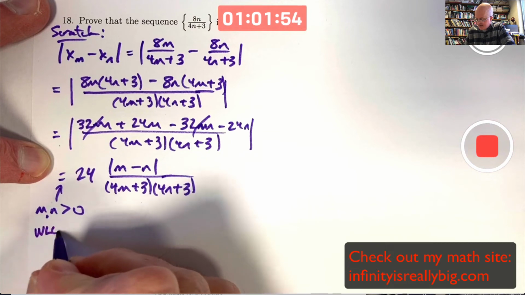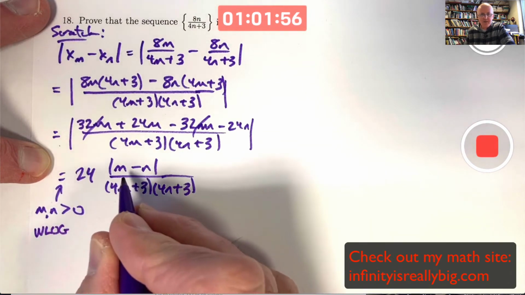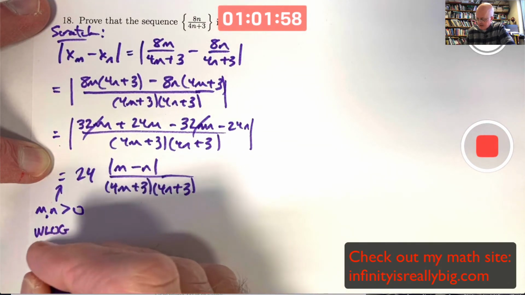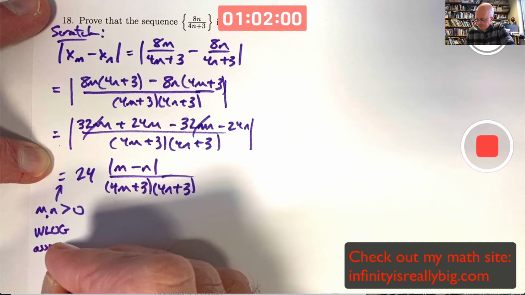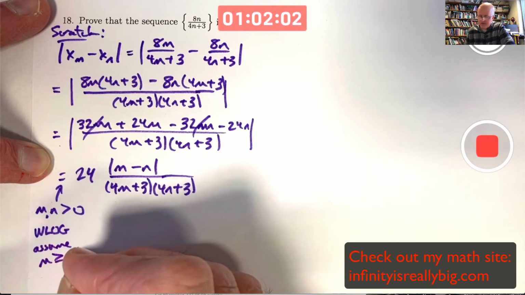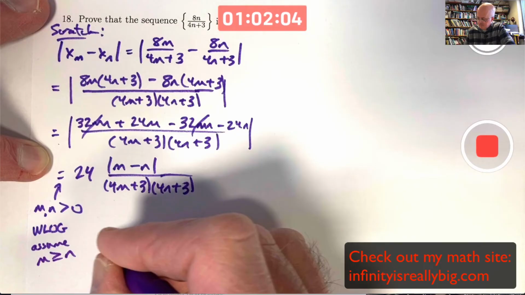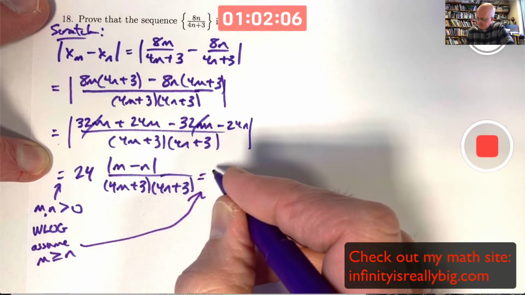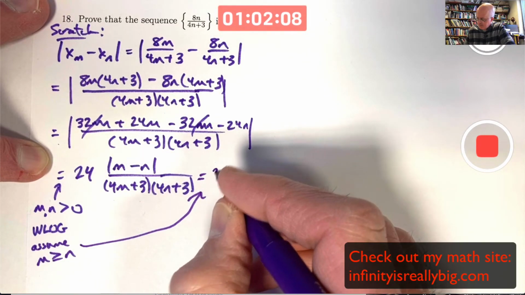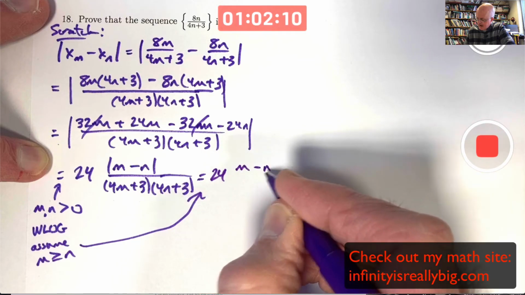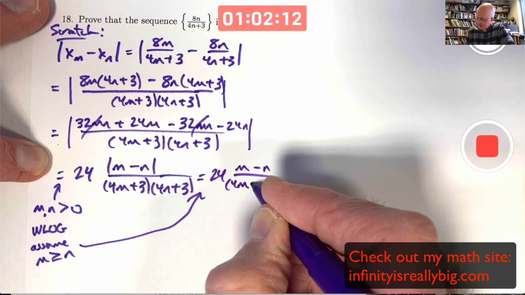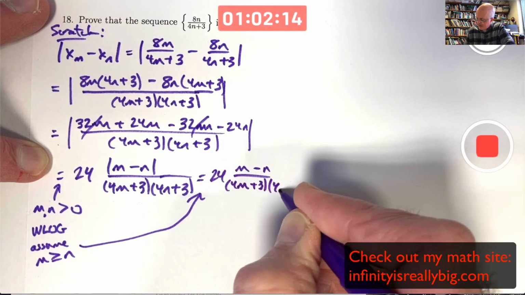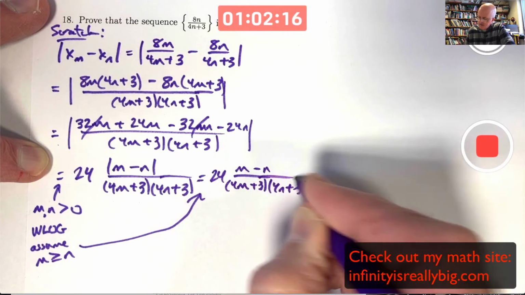Without loss of generality, we can get rid of that absolute value sign by assuming, say, m is greater than or equal to n. And in fact, we can simplify even more if we allow inequalities here.